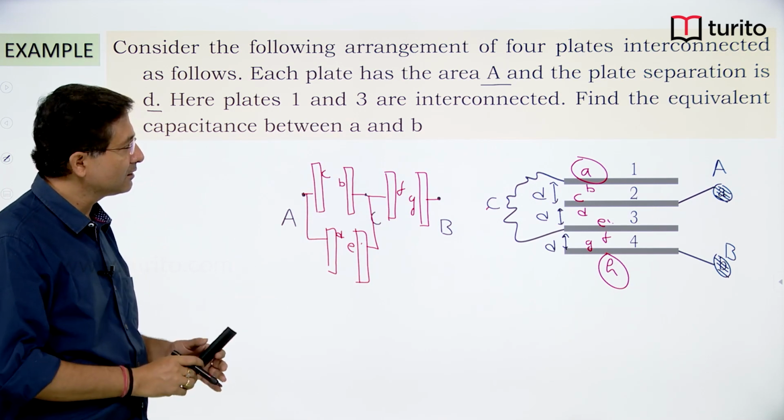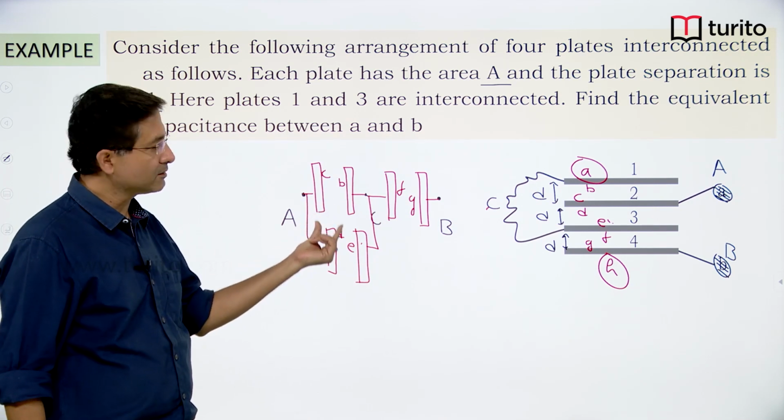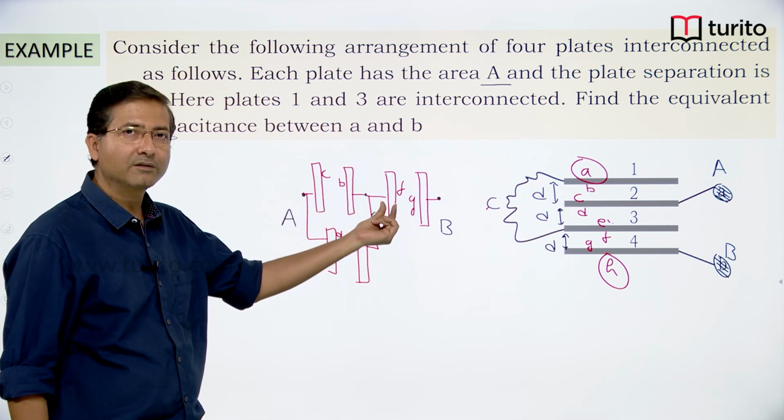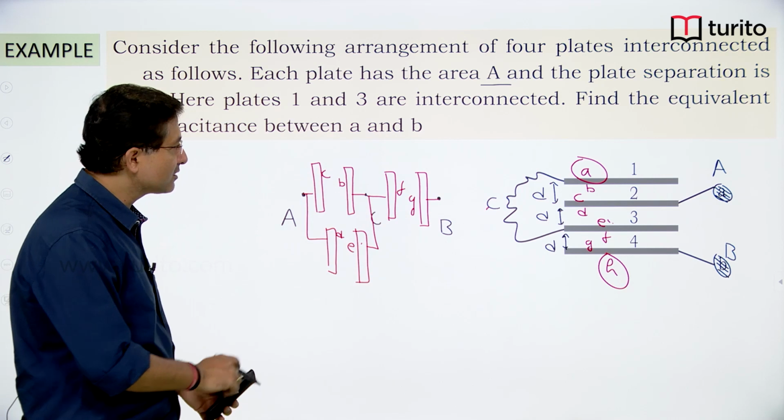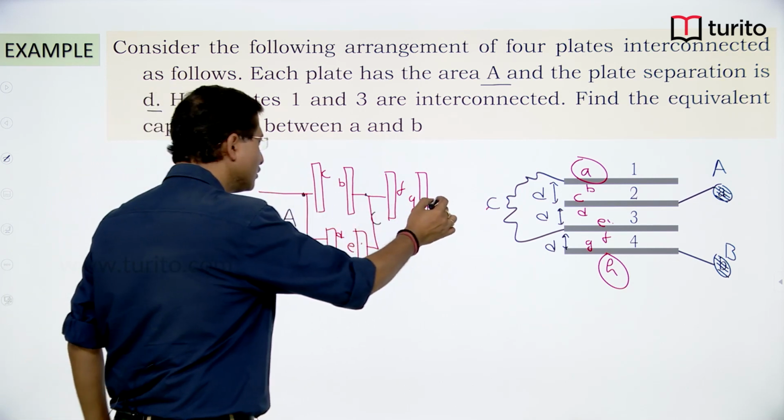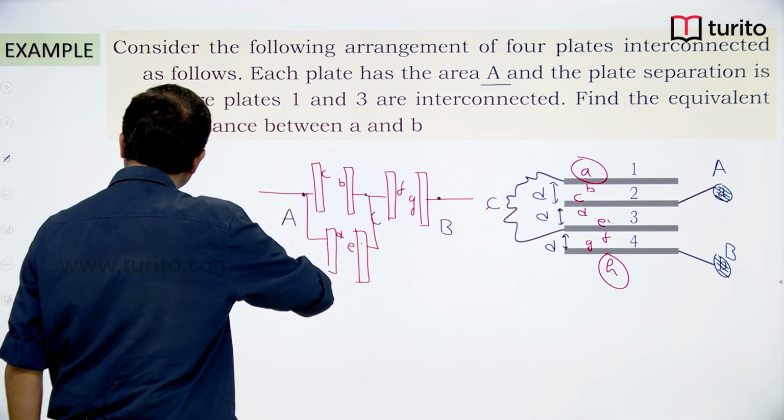Now, you can see that this is behaving as one capacitor, this is behaving as one capacitor, this is behaving as one capacitor. There are three capacitors I can see, out of that two are parallel.